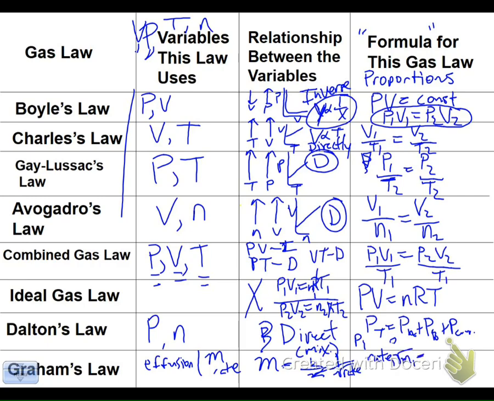So it's an inverse proportion, so it should look just like Boyle's law, equals rate 2 times the square root of molar mass 2. So that's Graham's law, and we'll look at some work with that and derive some more stuff from it in another video. All right, practice your homework, and if you have any questions, let me know.